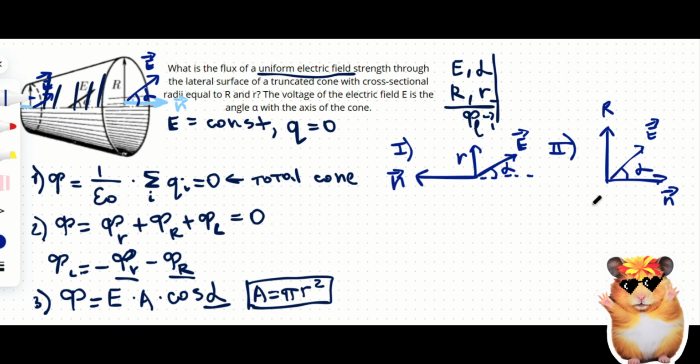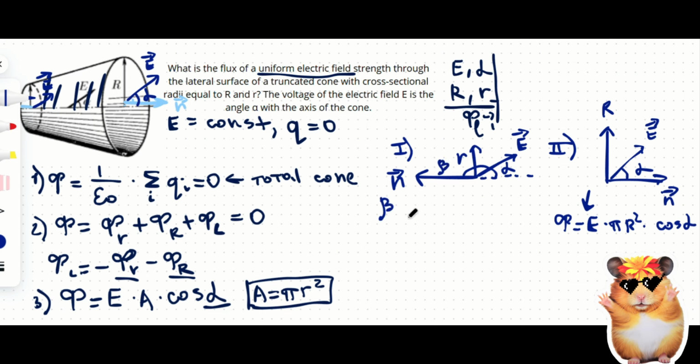So when we write the formula of flux for the big base, we know that F is equal to electric field multiplied by pi big R squared cosine alpha, because our alpha didn't change. But for the small base, it is a different case, because our angle is not the same. We are going to use not alpha but beta there.